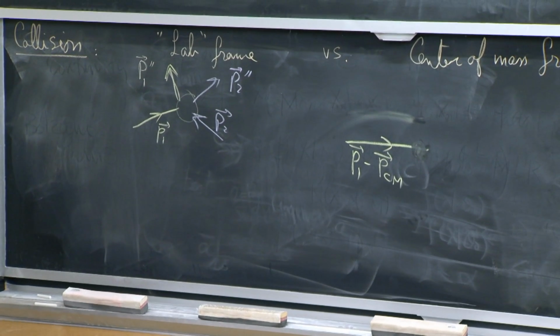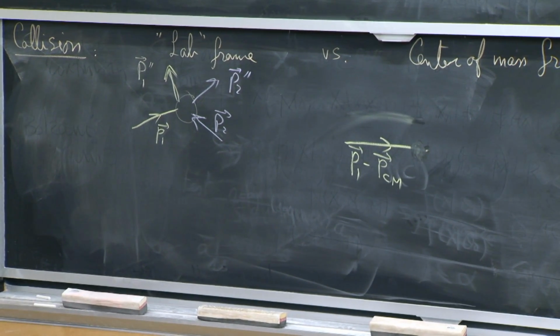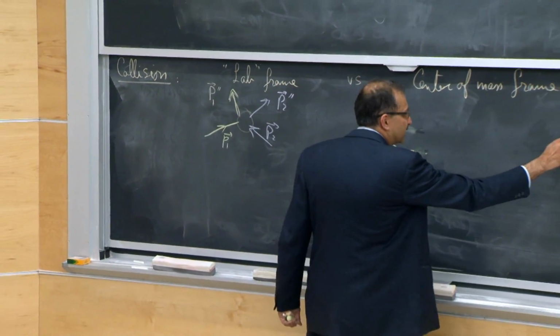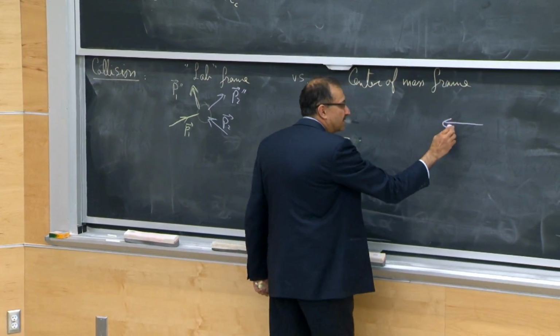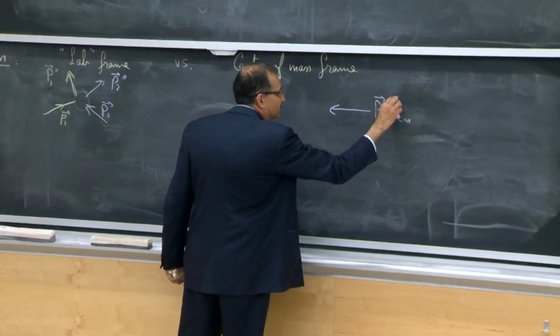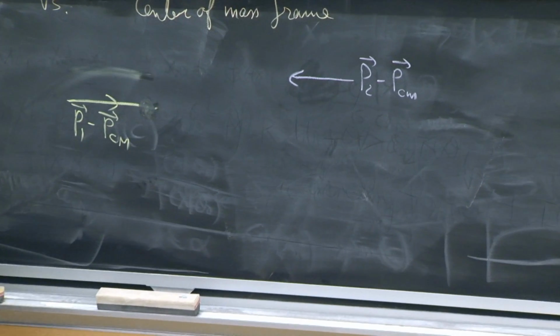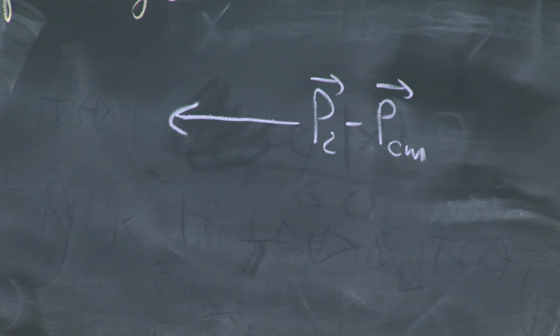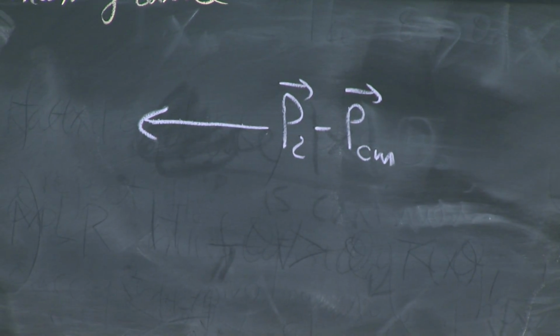So this is P1 minus P2 over 2. And my particle number 2 comes with P2 minus center of mass, which is P2 minus P1 over 2. So they are minus each other. So in the center of mass frame, they are basically coming to each other along the same line.